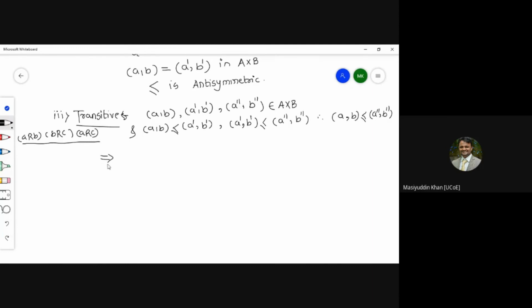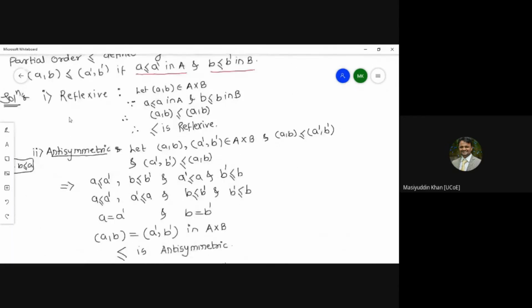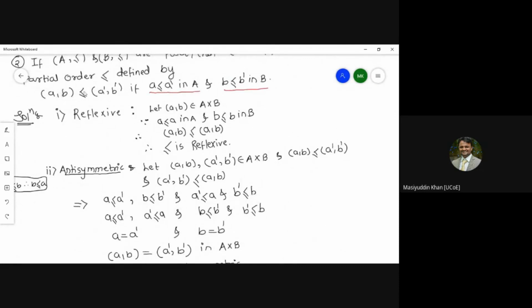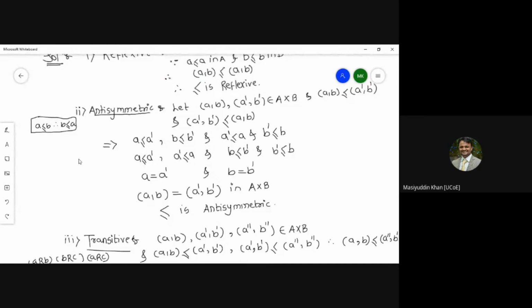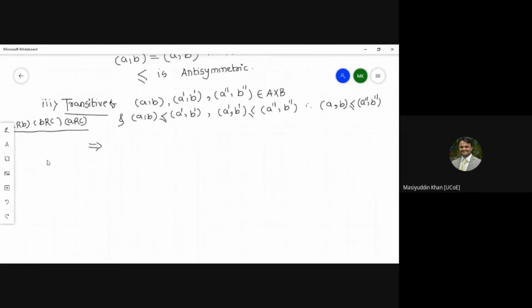Already we solved such things. The condition is clearly given in the question, so don't get confused. (a, b) is less than or equal to (a', b') means if a is less than or equal to a' in A and b is less than or equal to b' in B, then utilize those same conditions and solve this question.